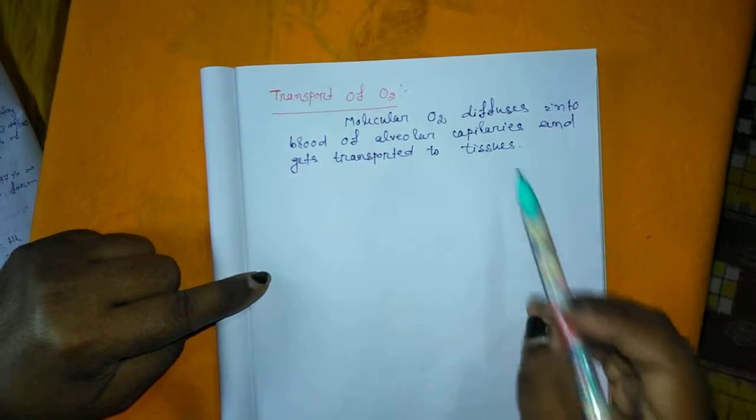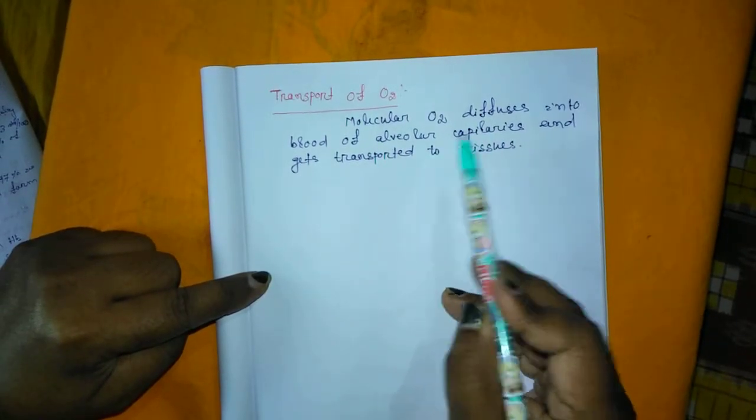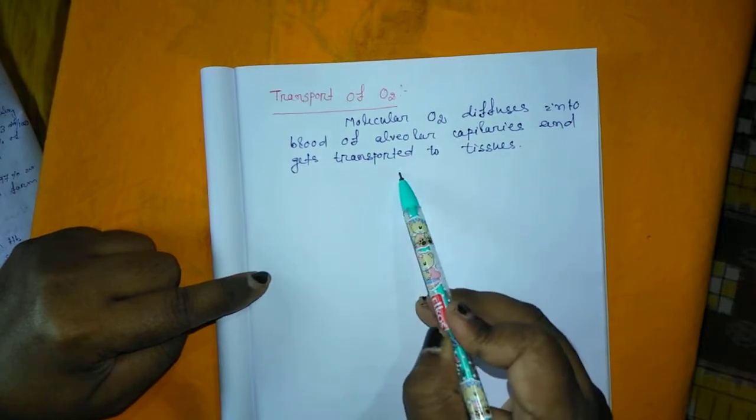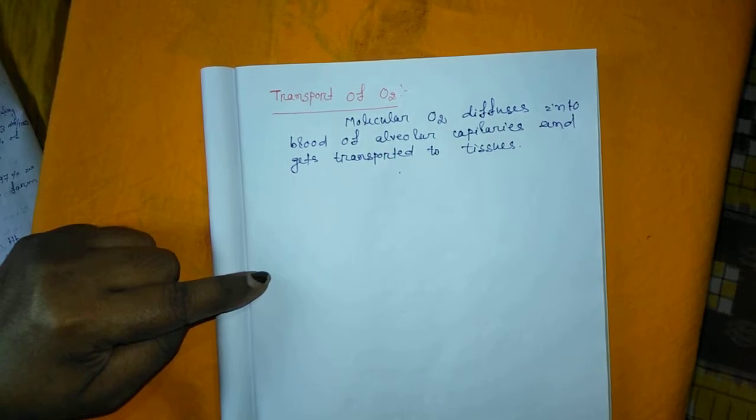So, molecular oxygen diffuses into the blood of alveolar capillaries and gets transported to tissues. The oxygen is transported through two media, one by plasma and the other by combination with hemoglobin. Hemoglobin is the respiratory pigment which carries oxygen in the RBC.